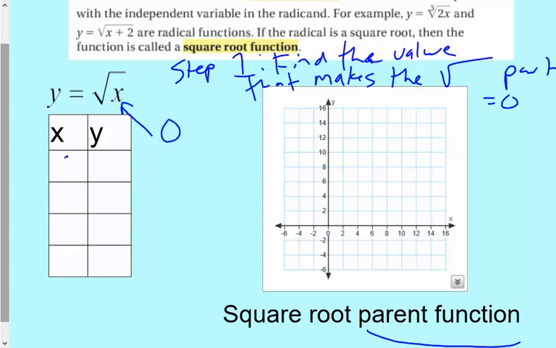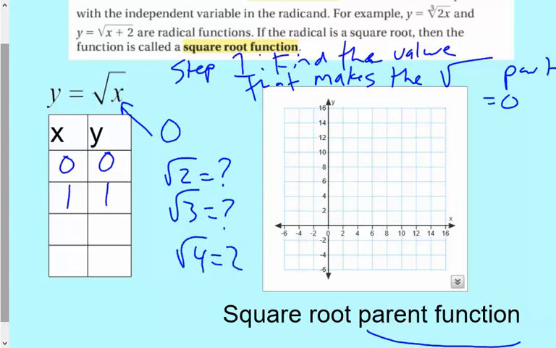That's going to be your starting value. So plug in 0, square root of 0 is 0. Plug in 1, square root of 1 is 1. Plug in 2. Now if I plug in 2, the square root of 2 is, I don't know. The square root of 3, I don't know. The square root of 4, I do know, it's 2. So I'm going to plug 4 in for my next value.